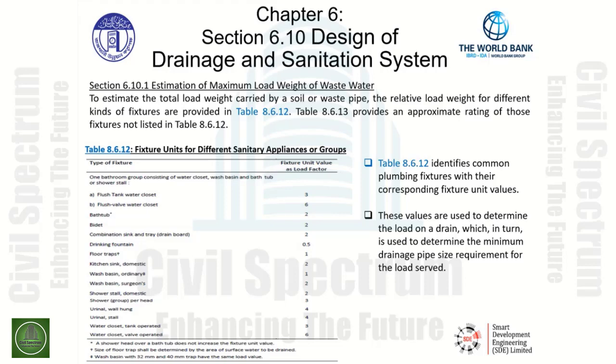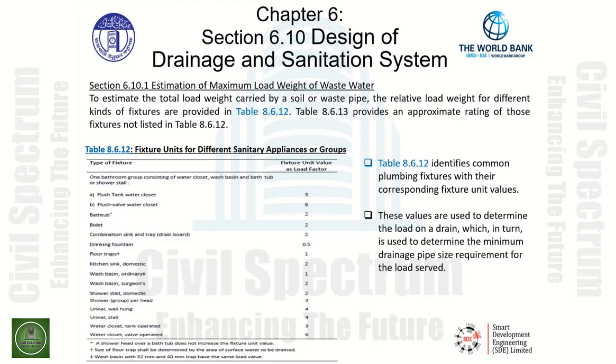In this case, we will break it down even further. The type of fixture is indicated on the left-hand side. If we pick a fixture such as a kitchen sink, domestic, we can see the fixture unit value as a load factor is specific and it gives us a value of 2.